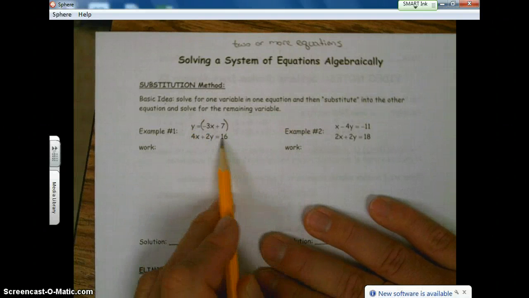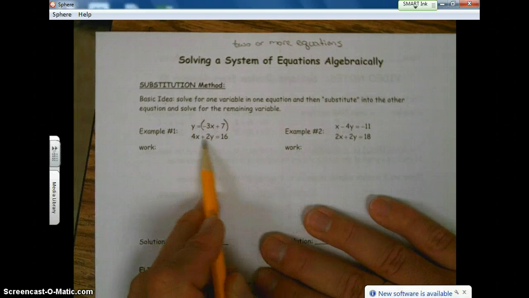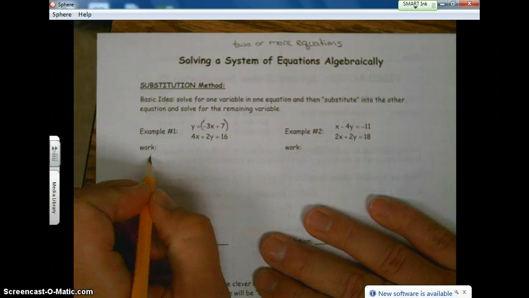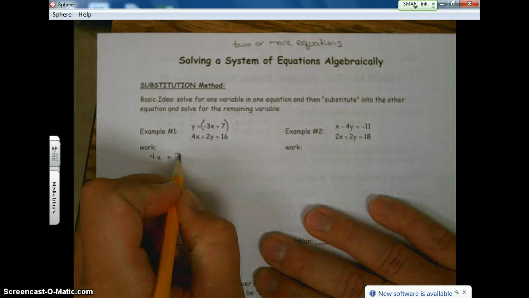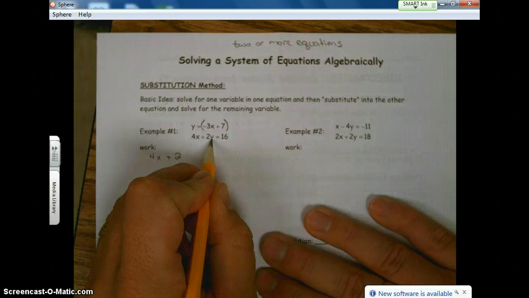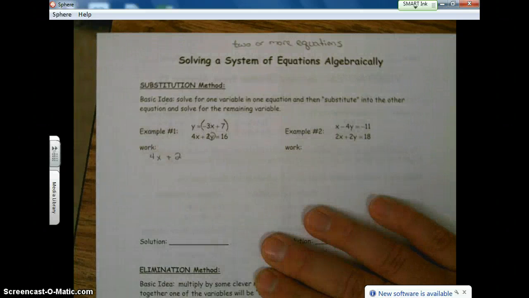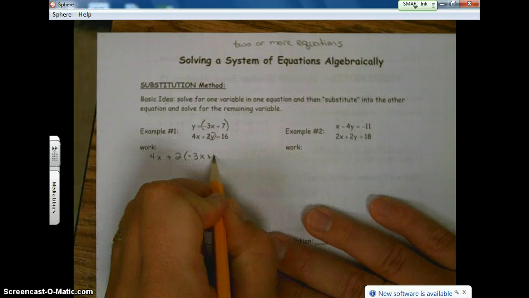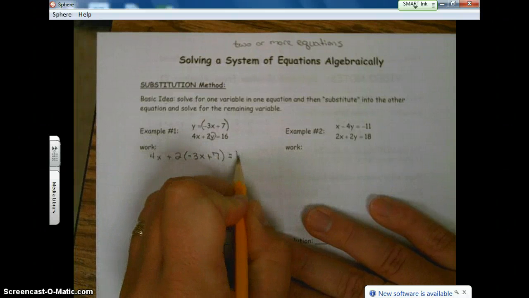So that means in the second equation, wherever you see a y, you plug in negative 3x plus 7. Okay, so we have 4x plus 2. Okay, here's a y. So I'm going to plug in negative 3x plus 7 equals 16.